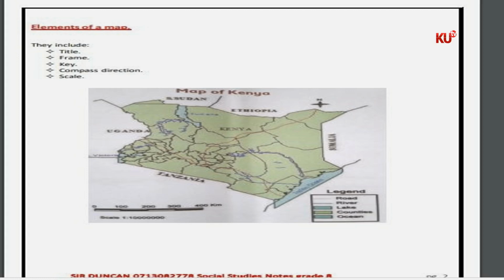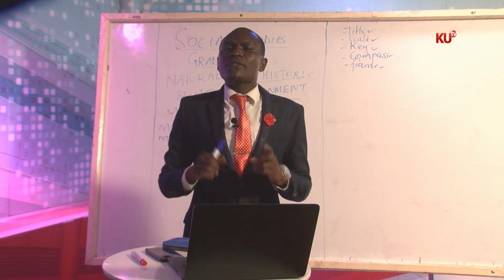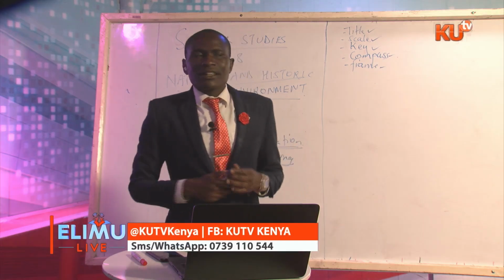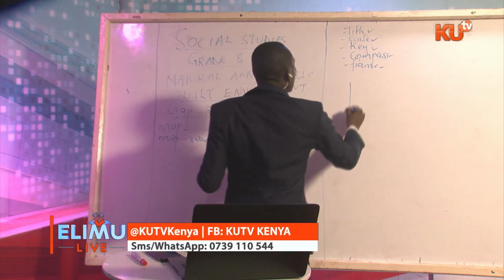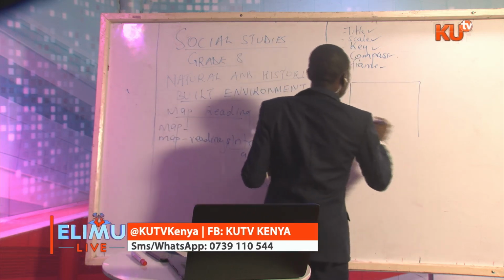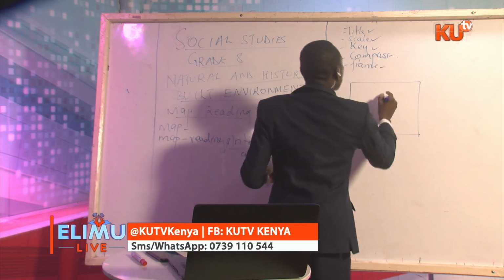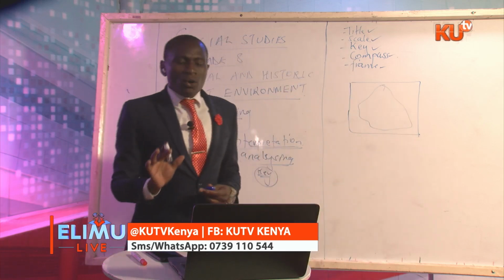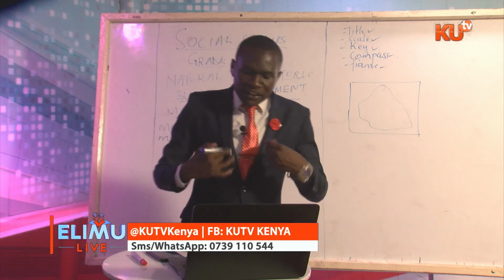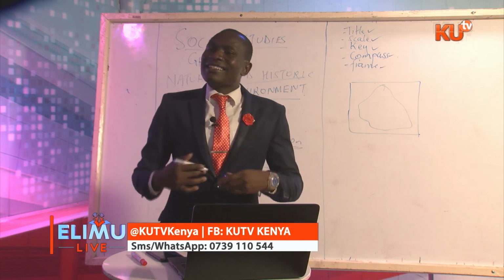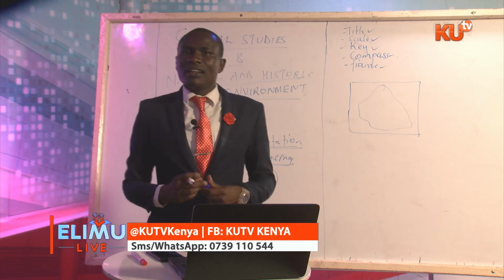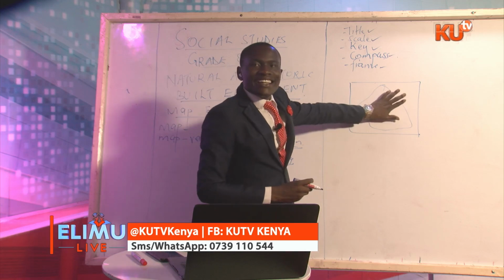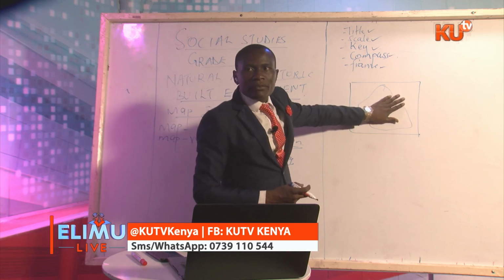Now, as we continue, on a map, for example a sketch of a map, this is the frame, and this is the map. You will find that there is some information that is not enclosed inside the frame.